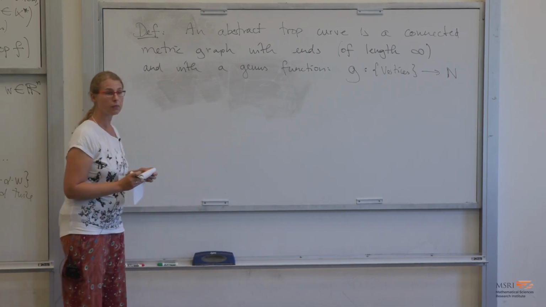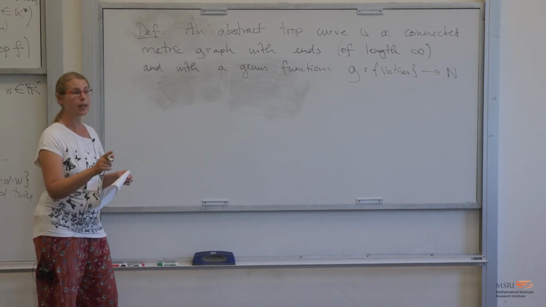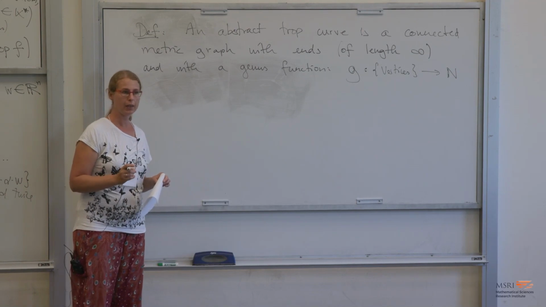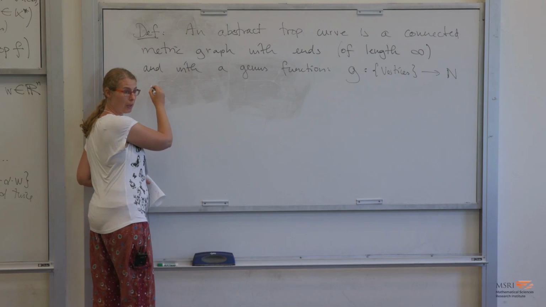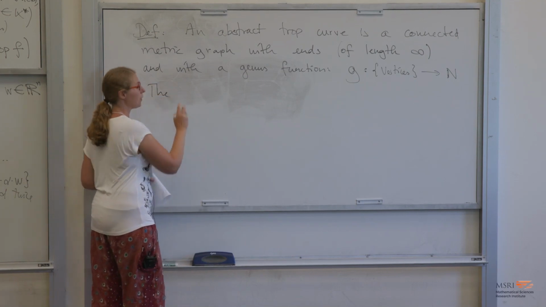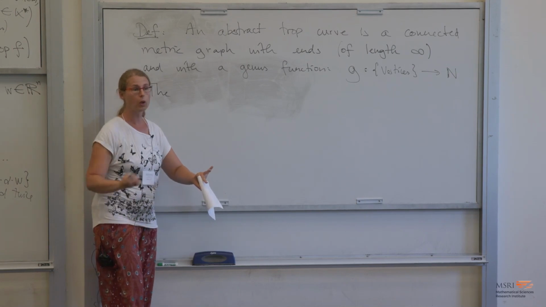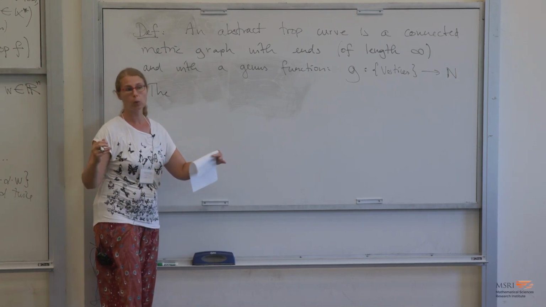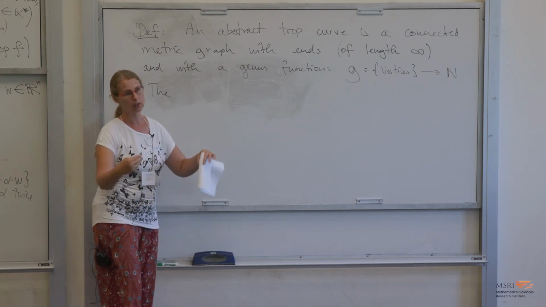Does the metric graph not already come with the genus function? It has its first Betti number, exactly. And very good question, because now I'm going to define what the genus of an abstract tropical curve is, and it's going to be the sum of what is still there in the graph and what is hidden at vertices. And that is precisely the right thing to keep the genus from such a degeneration.